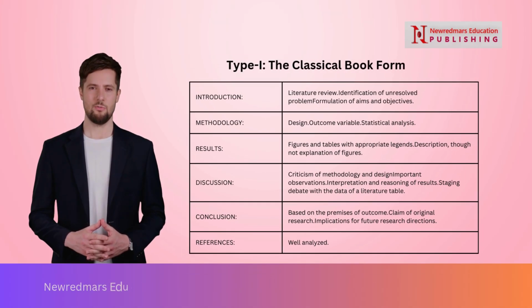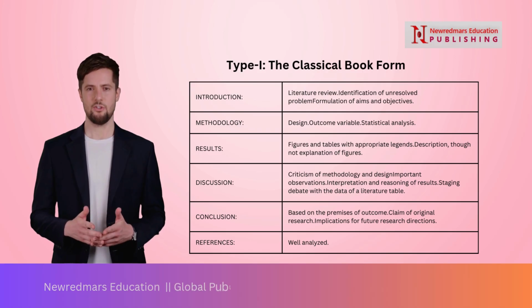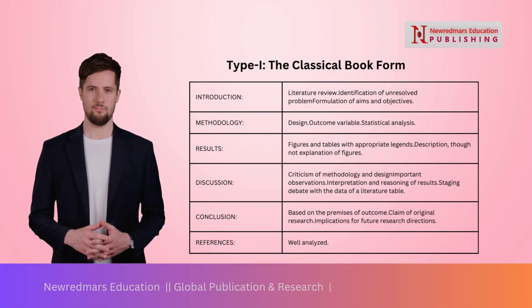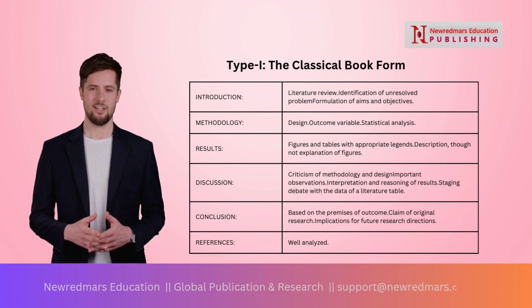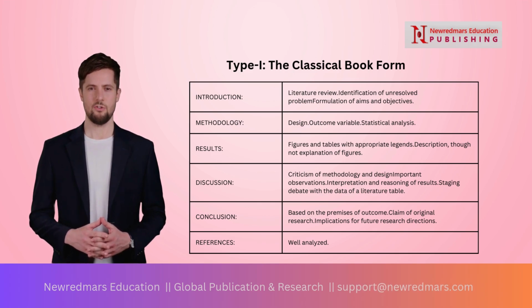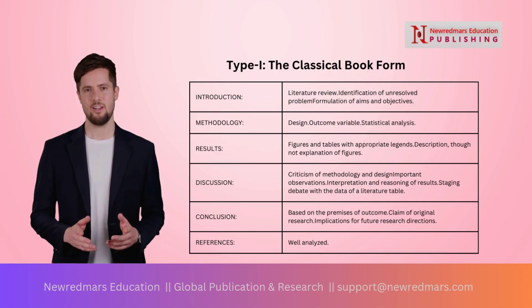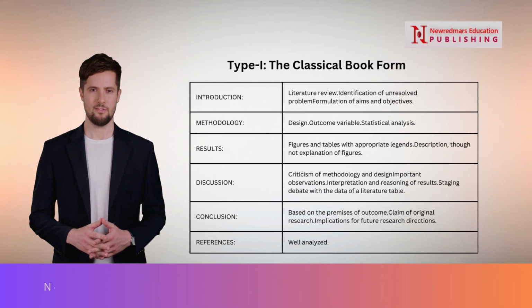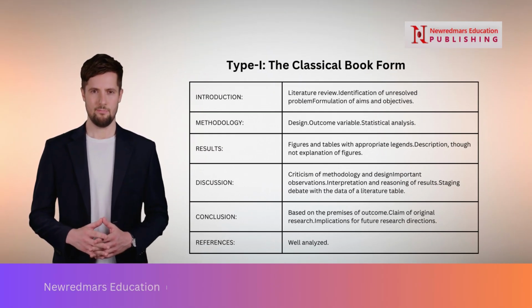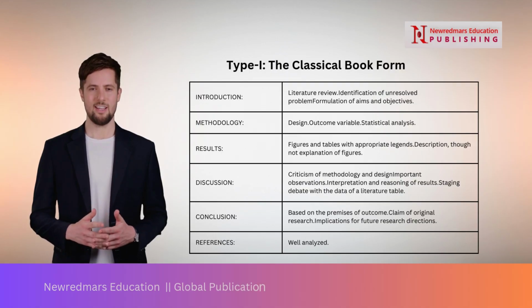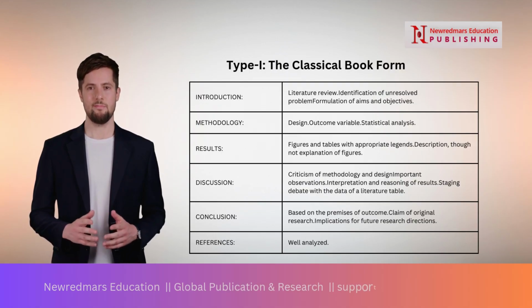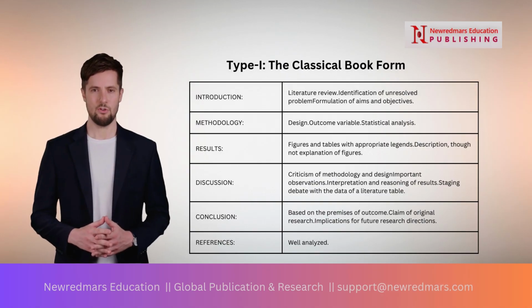Introduction, literature review. Identification of unresolved problem. Formulation of aims and objectives. Methodology, design. Outcome variable. Statistical analysis. Results, figures and tables with appropriate legends. Description, though not explanation of figures.